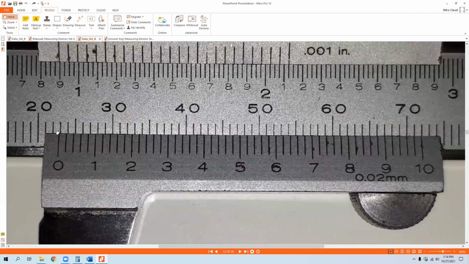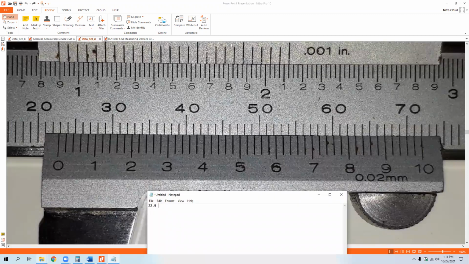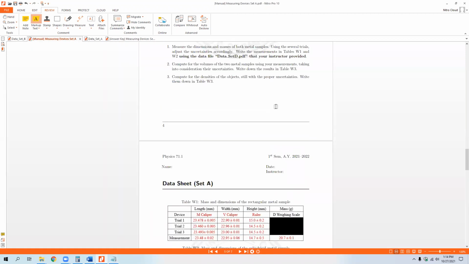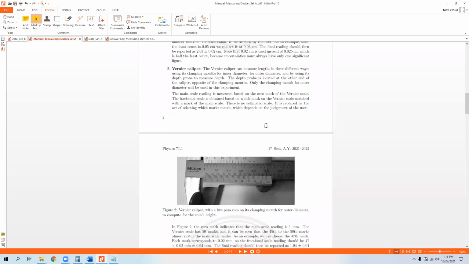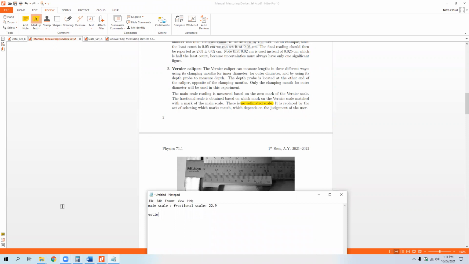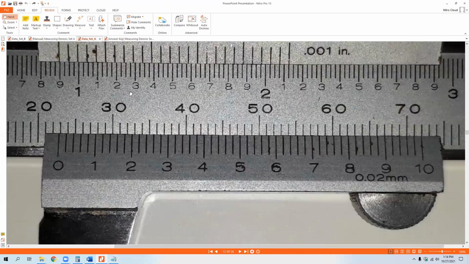My measurement for this case is 22.9. So that is main scale plus fractional scale. How about my estimated? So sabi sa manual, ang estimated ay for my vernier caliper ay wala. So my measurement for this particular trial is 22.9.